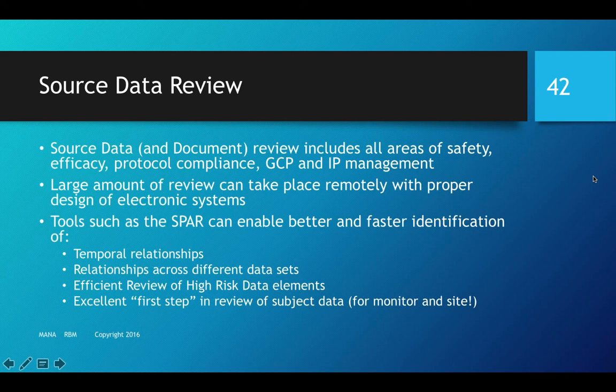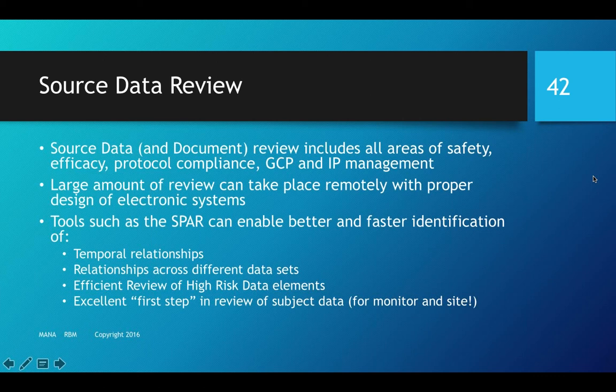So one other question that came up from the team is, are you creating all kinds of graphs? Is the monitor entering data into these graphs, for instance, the SPAR? So the answer is yes, we develop a lot of different reports, but the tool that we have found most useful to us has been the SPAR.